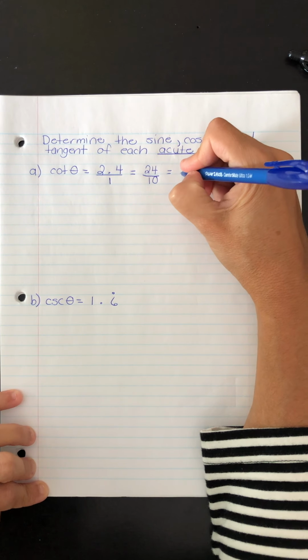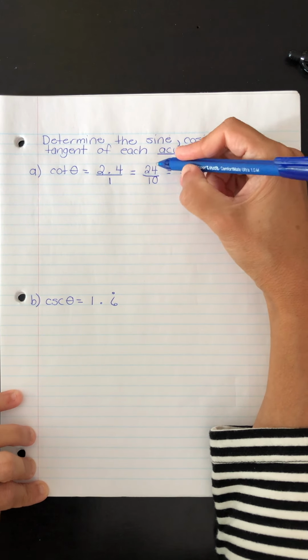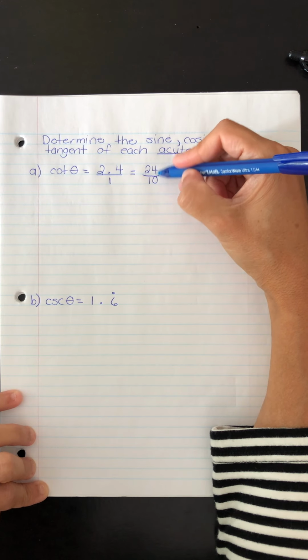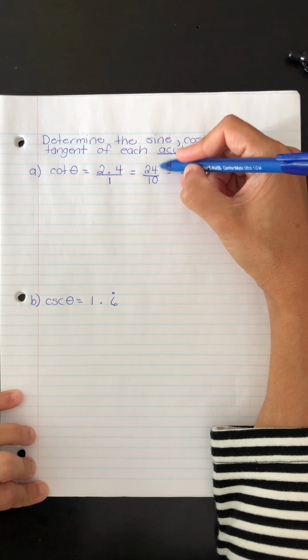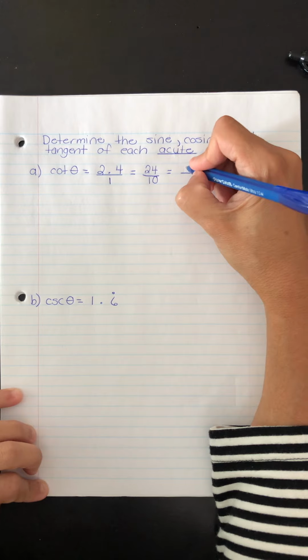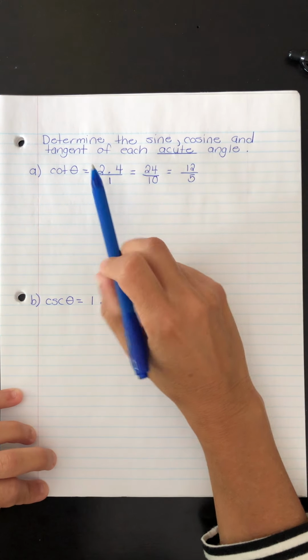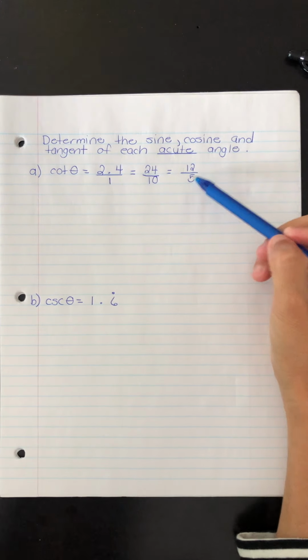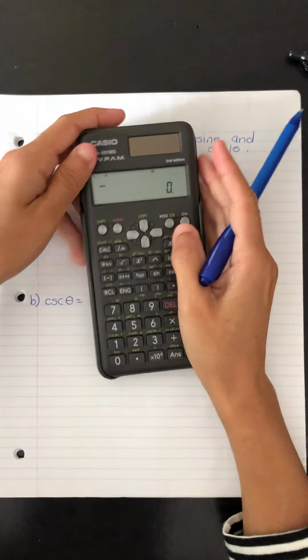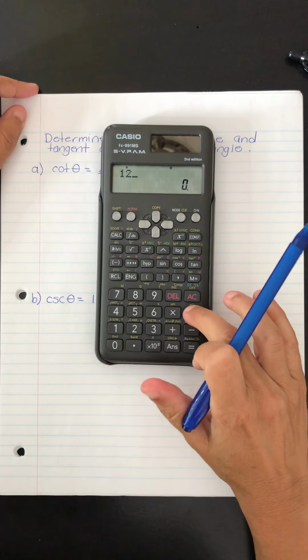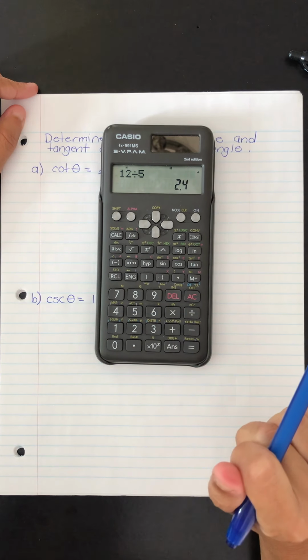And then we can reduce the fraction now by removing a factor of 2 to get 12/5. So we're saying that 2.4, the original 2.4, is the same as 12 divided by 5. And I mean, you can check that it is. 12 divided by 5 is certainly 2.4.